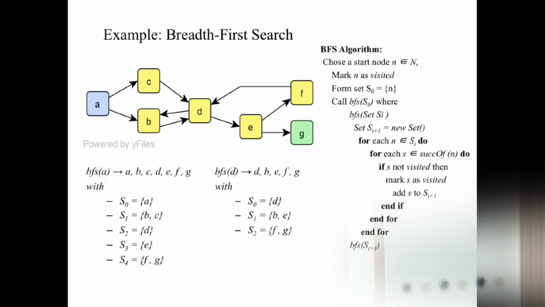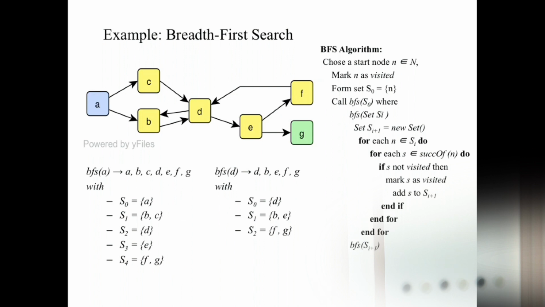After that, we call the BFS algorithm on this set S0, which is our starting set. BFS is a method, and the method definition is given over here, which takes an input parameter of set type. In this case, S0 will be passed here, and in that we create a new set.